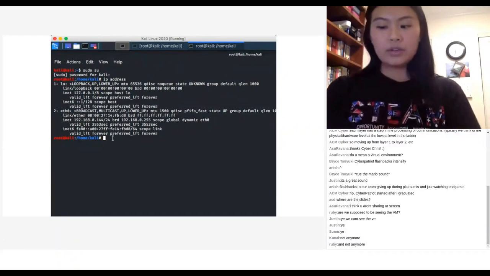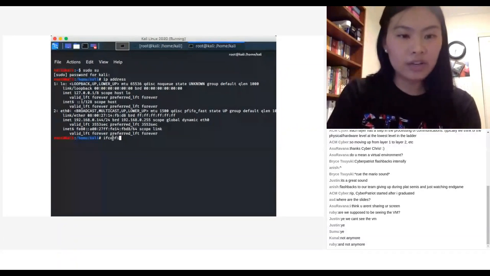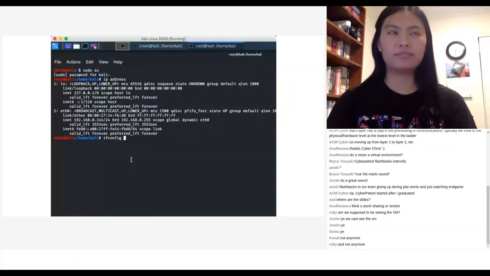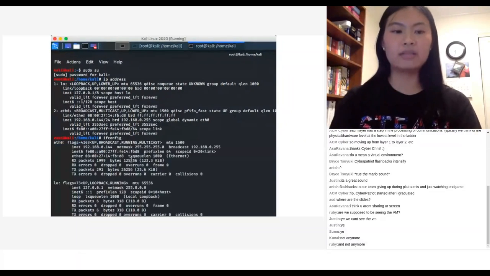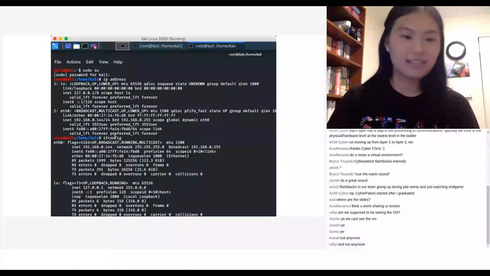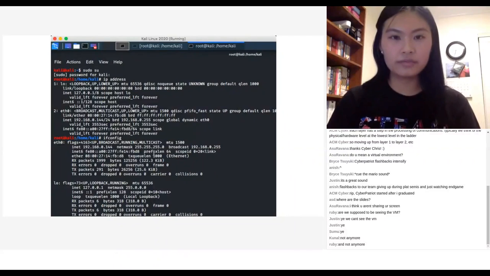Another command that will give you similar information is ifconfig, but I don't use ifconfig. It's literally the same information, kind of.